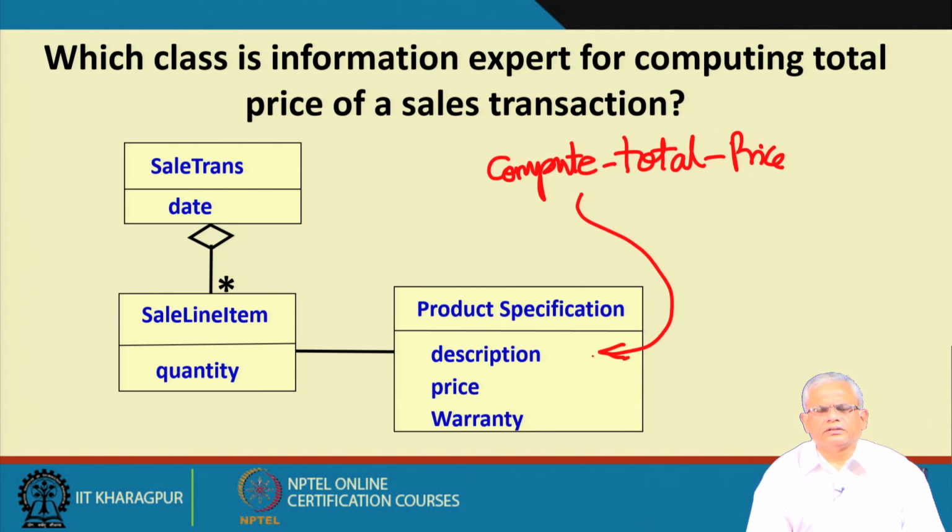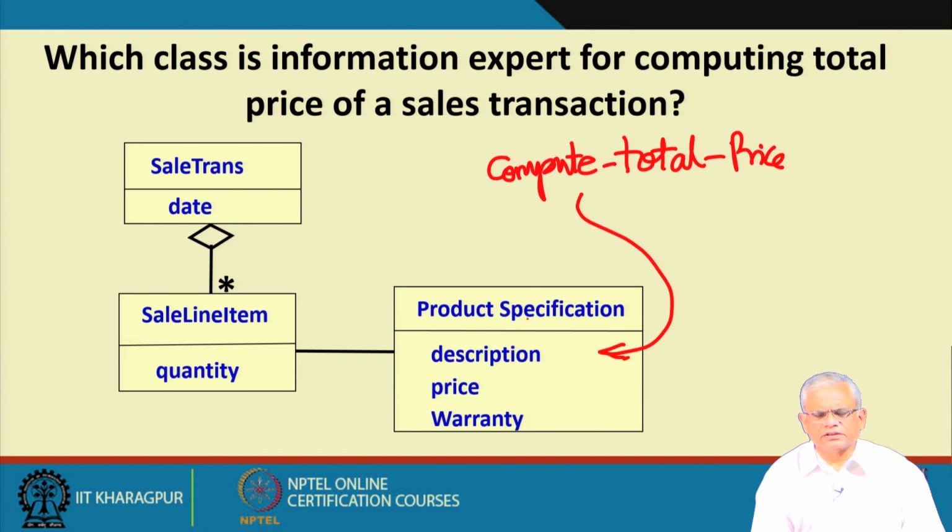Then the method will work by first finding out, for this product, how many quantity have been ordered. It will use the association here and find out how many quantity ordered, and then it will compute for that specific line item.